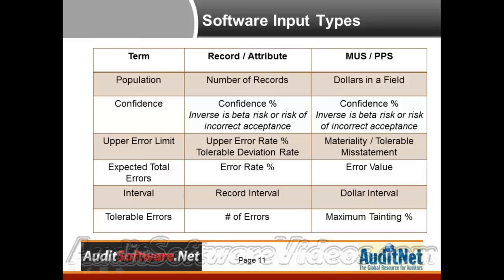So that beta risk of, say, 5% or 10%, that is the inverse of confidence. And confidence would say, I'm 90% confident that by doing the statistical analysis of accounts payable spend, these particular invoices that I'm testing for purchase orders are controlled.